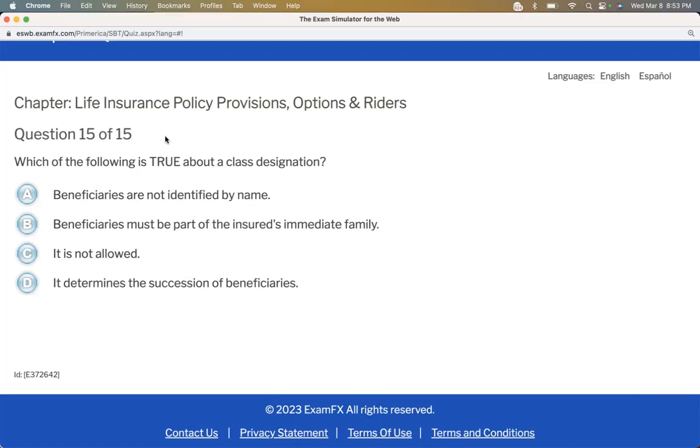Which of the following is true about class designation? This is a new one. Would it be C? Mm-mm.